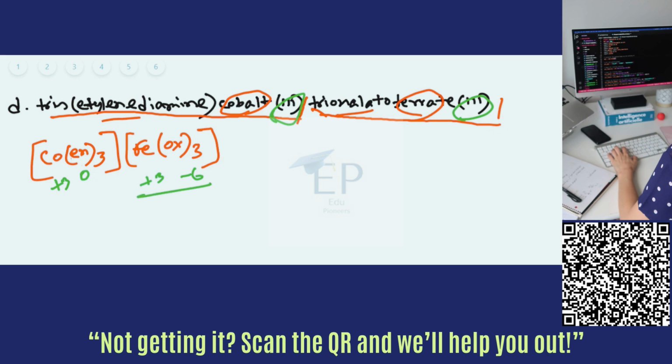So in this complex overall we have -3, and in the other complex +3. That means we can just neutralize these two, and we have a net charge of 0 here. So this is our formula for the compound here.